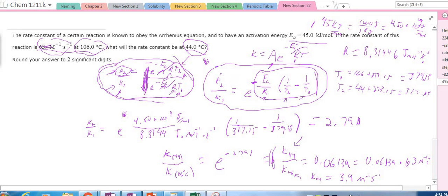And so if I'm tackling this, I might even start at this equation right here. That would likely be the place where I start. And just say K2 over K1 equals E sub A divided by R multiplied by this quantity right here. And I would start my math right there.